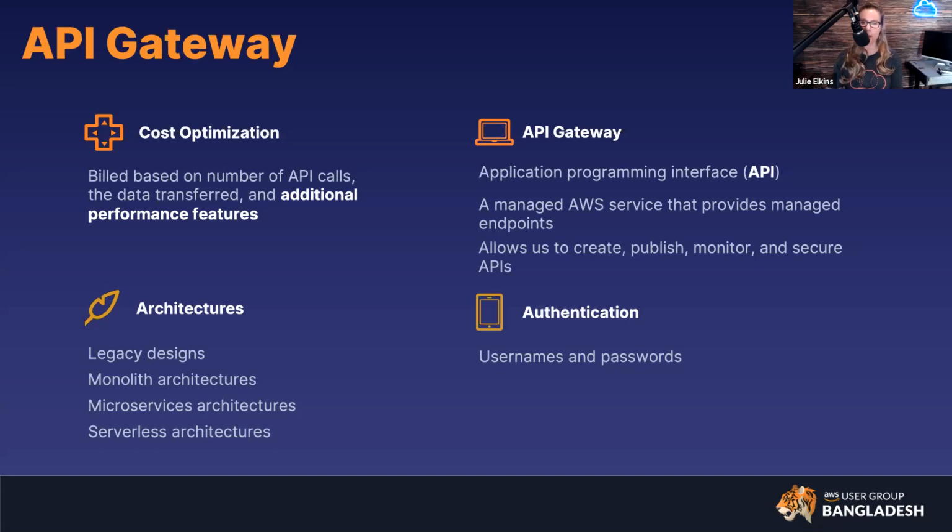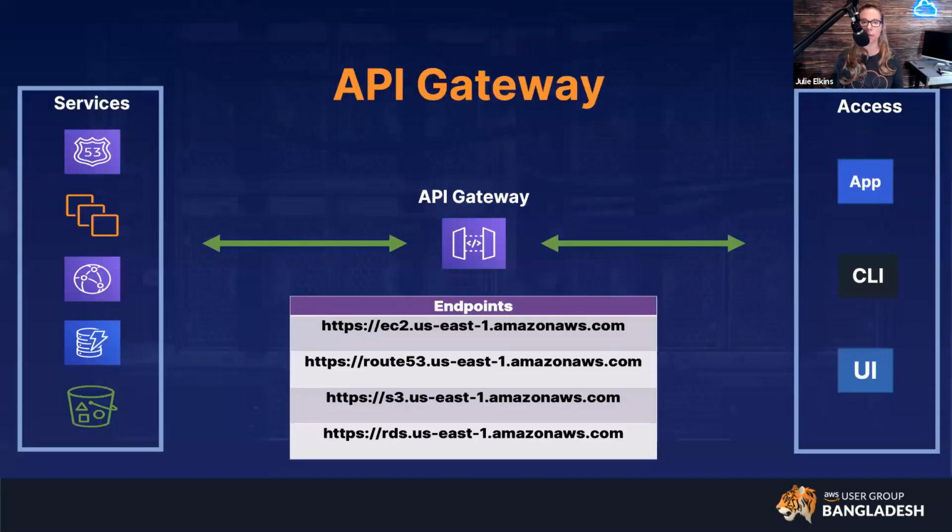So if we look at this diagram of APIs, on the left, we have services. So we could have EC2 instances, RDS database, Route 53, S3, and then on the right, we have ways to access AWS. So that could be an application that uses AWS services, the AWS CLI, or the user interface.